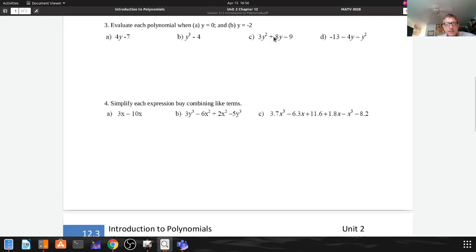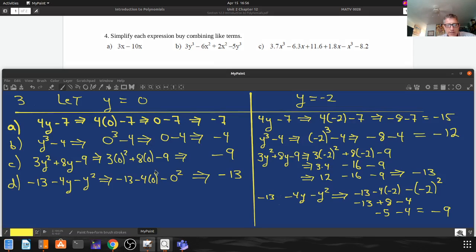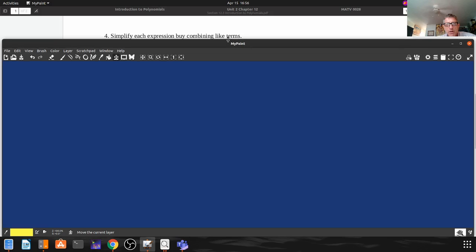Okay. So before we can do this next exercise, I have to define a new term for you. It's called like terms. So like terms, that's the definition I'm getting ready to give you.